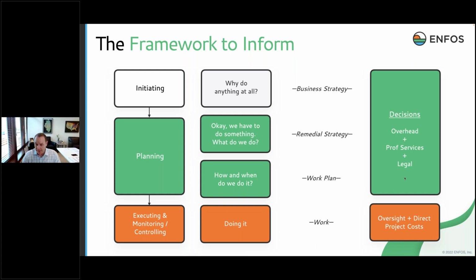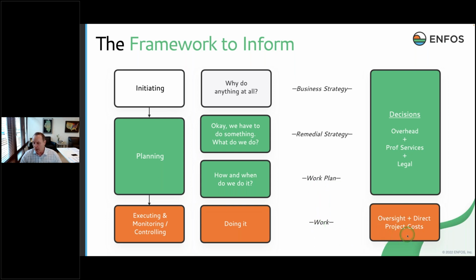And a case can be made, and I'm a strong believer of it, is that these remedial decisions, the strategies, the remedial technologies, those decisions that get made early on based on site characterization, feasibility study information, and risk assessment are critical to the overall cost structure. But once I've decided on that, now I'm moving into an execution phase, right? I'm planning that work very specifically, and I'm doing the work.